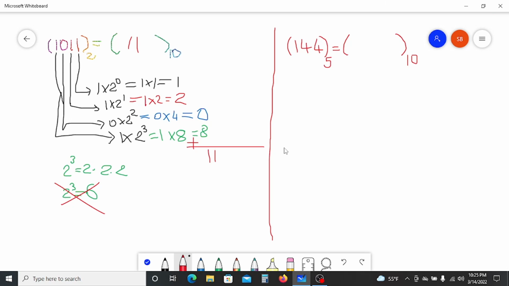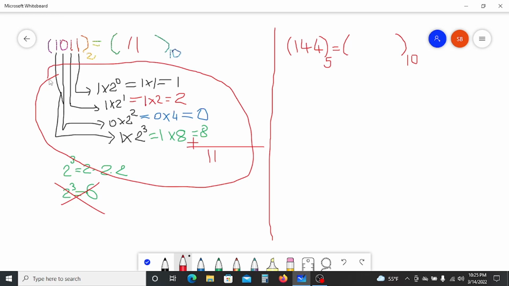Okay, I hope everybody can do it easily. But sometimes what we do is show a map or a diagram like that. But we don't have to. We can write everything in the same line. After we get experience, it is easy for us.